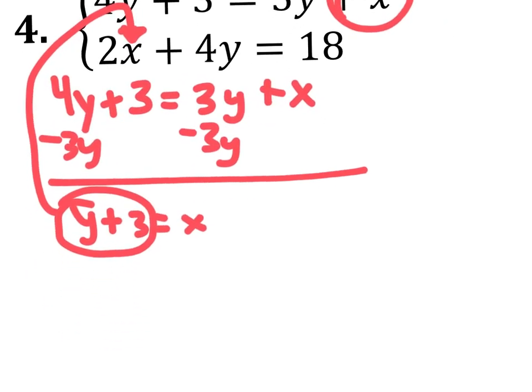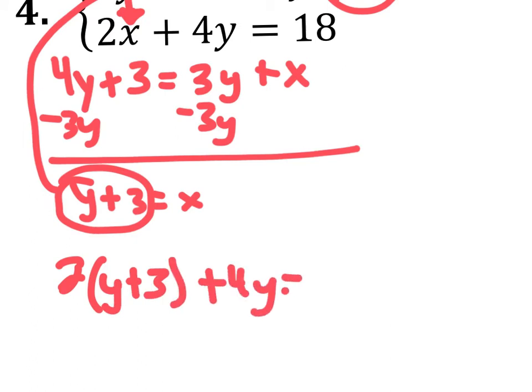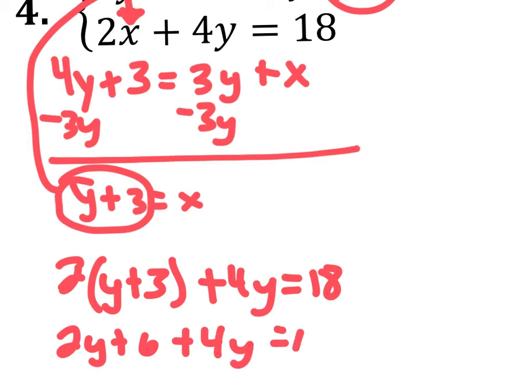A lot of us were just doing that because you were looking at the work we did yesterday, the problems before, and we all solved for y, so then you just started plugging in for y. So we have 2 times y plus 3 plus 4y equals 18. Distribute the 2. 2y plus 6 plus 4y equals 18.